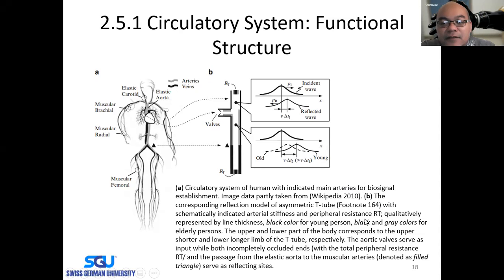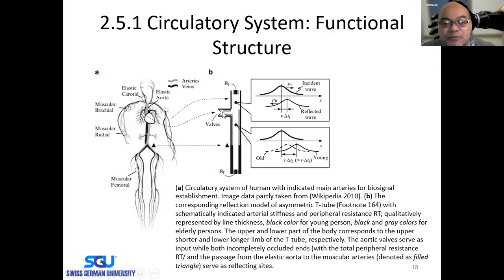The upper and lower part of the body correspond to the upper, shorter and lower, longer limb of the T tube. The upper part represents the upper part of the body, which has a shorter limb, while the lower part represents the longer limb. The aortic valve here is coming directly from the left ventricle of the heart.